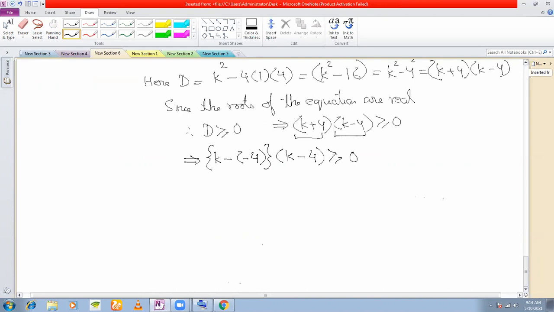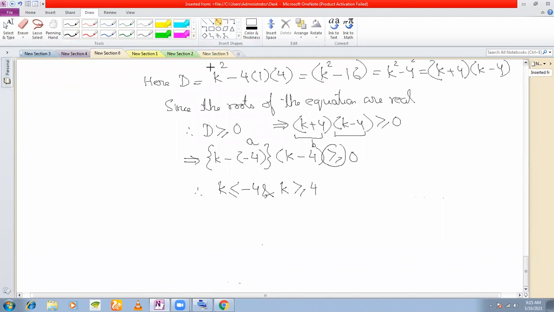So which one is A and which one is B? A has to be less than B. So this one is A and this one is B, isn't it? So this is X minus A into X minus B. And what is the inequality sign here? Greater than or equal to 0. So we'll apply the second rule. Therefore, K must be less than or equal to minus 4 and K must be greater than or equal to 4, right?